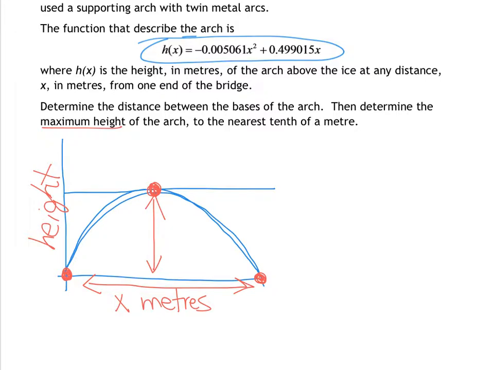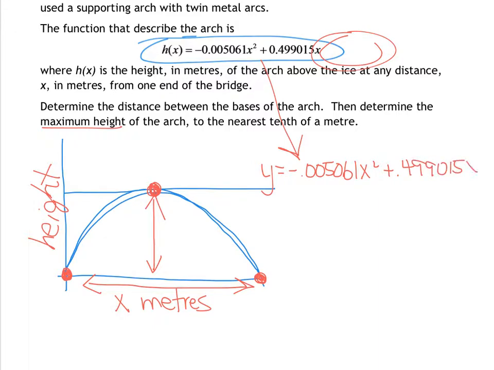You could use your graphing calculator if you want to find the x-intercepts. This equation is fairly simple to partially factor, simply because it has no constant at the end. Let me write this back out: negative 0.005061 x squared plus 0.499015x.